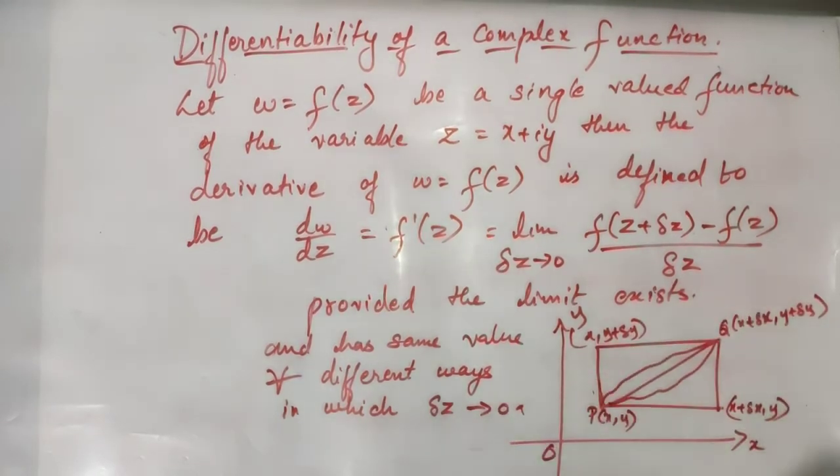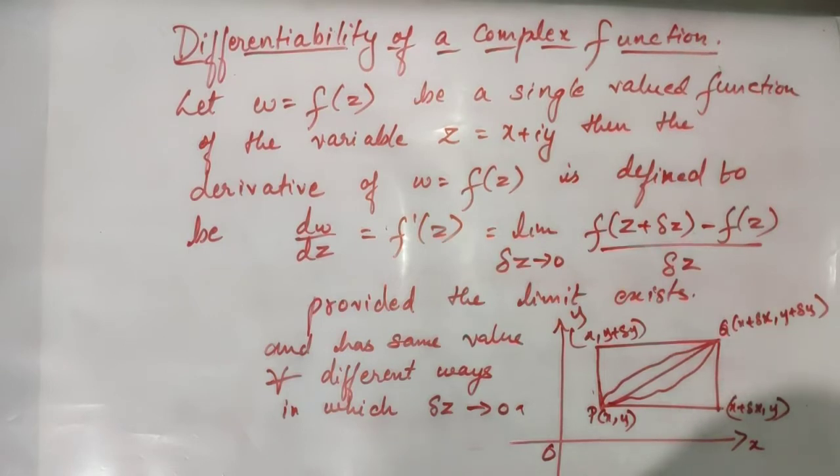Now, differentiability of a complex function or the derivative of a complex function, the definition is written there on your screen. So let me read it out. It is the same as your real valued derivative definition. Let w is equal to f of z be a single valued function of a variable z is equal to x plus iy.